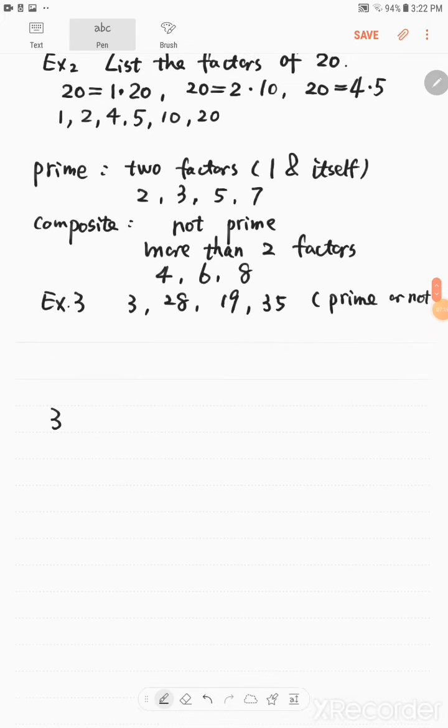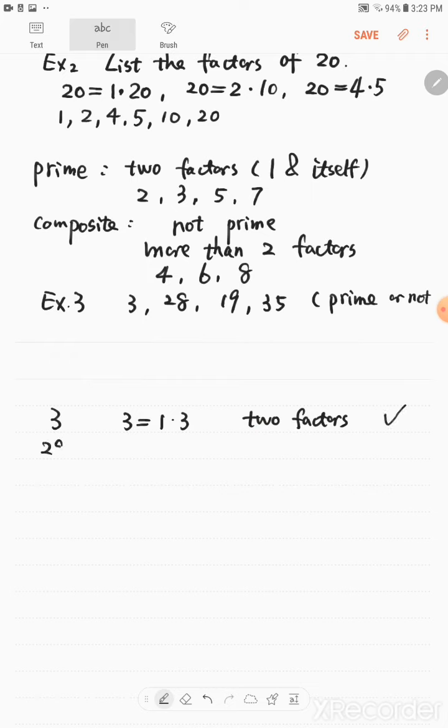The first number, 3. We can first write 3 equals 1 times 3. Then we know it only has 2 factors, 1 and itself, 3. So yes, it is a prime number.